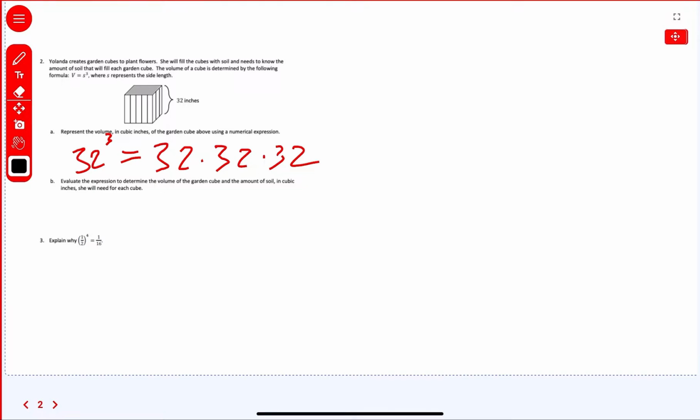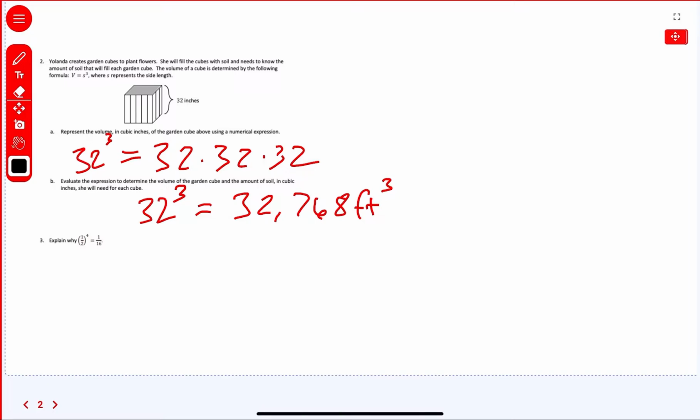Okay. All right, so if we did that, because it says evaluate the expression, that would be 32 cubed, and that is equal to, everybody at 32,768? And that would be feet cubed. Do it. Do the expression, yeah.